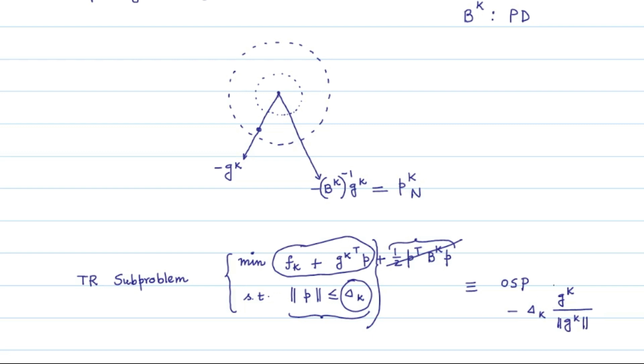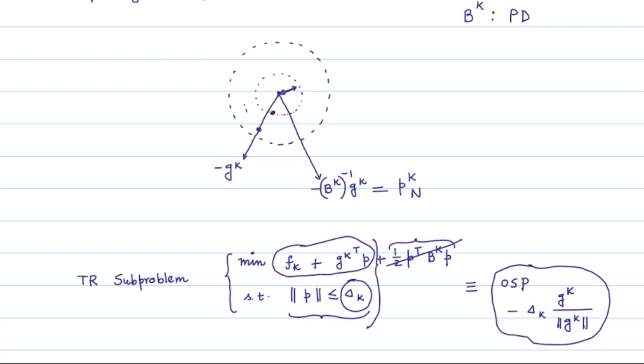So it will be almost close to this negative delta_k times this unit vector along the direction of the gradient g, and hence for small value of delta we have the optimum solution lying almost close to this point, the intersection of minus g_k with the boundary of the trust region. So let's suppose this is the point which is the optimum solution of this trust region subproblem for this much amount of value of delta_k.